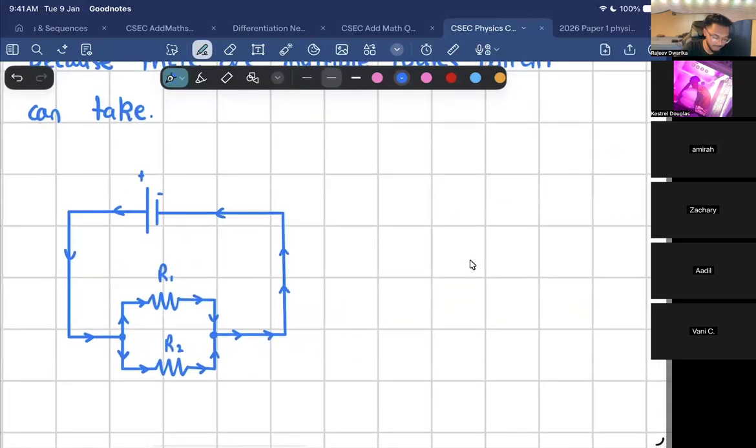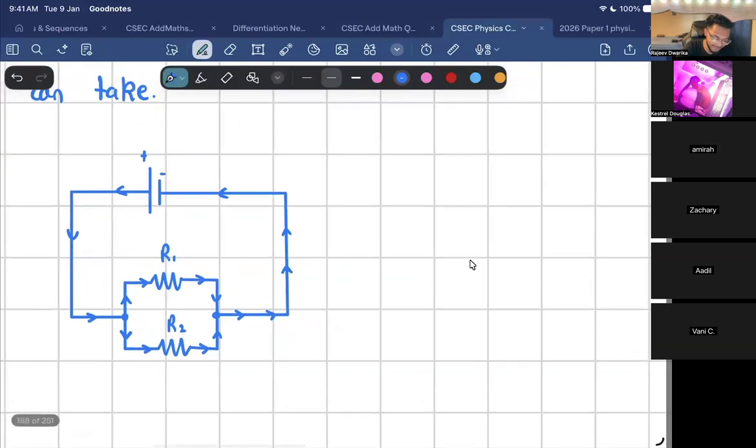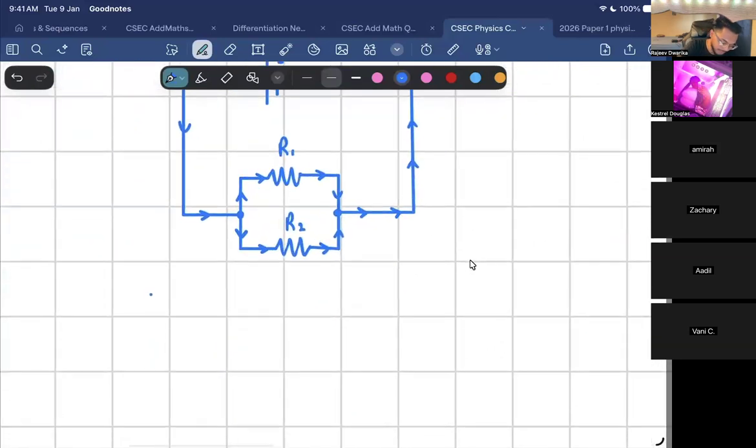So the current splitting in the middle. I just teach my students an easier way to do it. Typically in school, you would learn 1 over RT is equal to 1 over R1 plus 1 over R2.